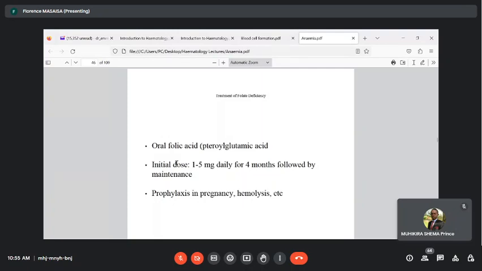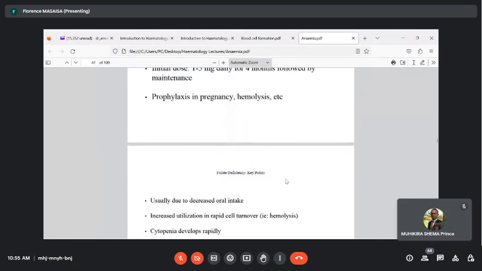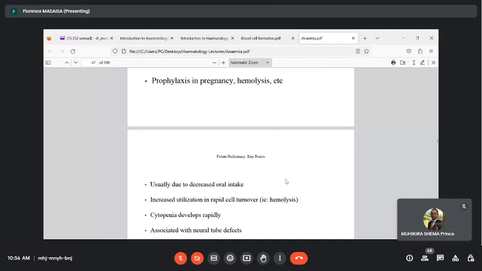So how do you treat it? We give 1 to 5 milligrams daily for 4 months. Then you make a follow-up. Remember, in case of pregnancy, where we are preventing some malformation in the baby like spina bifida, you have to give folic acid. You have to supplement in case of chronic hemolysis.